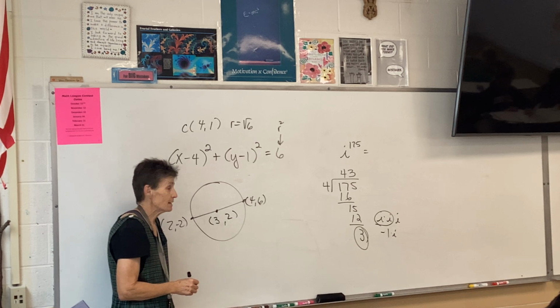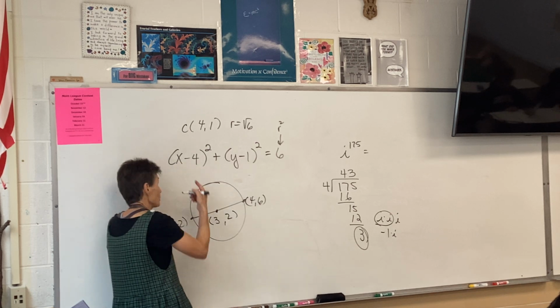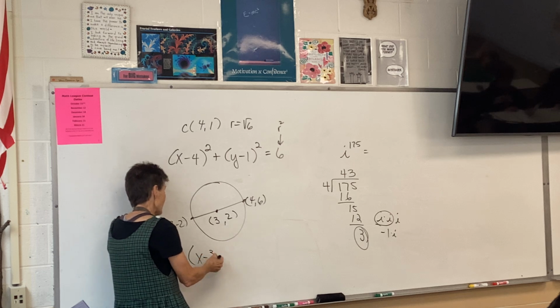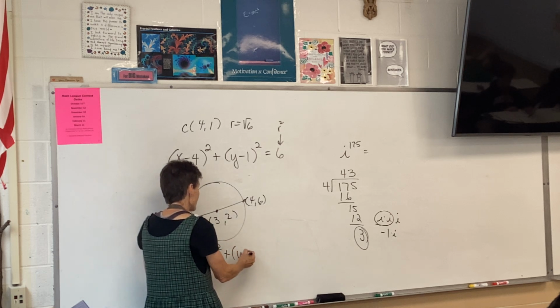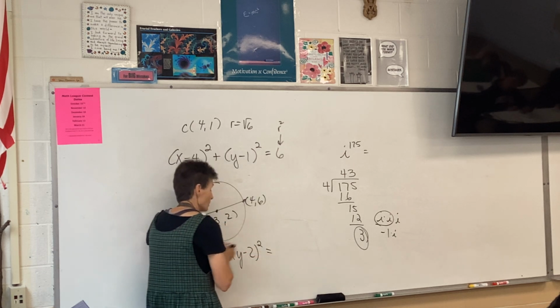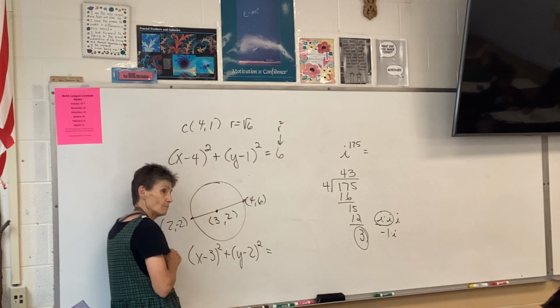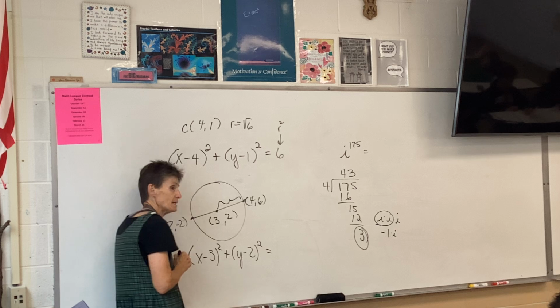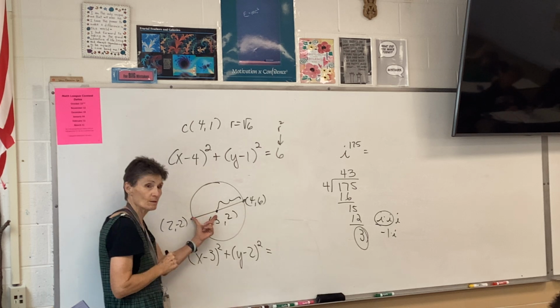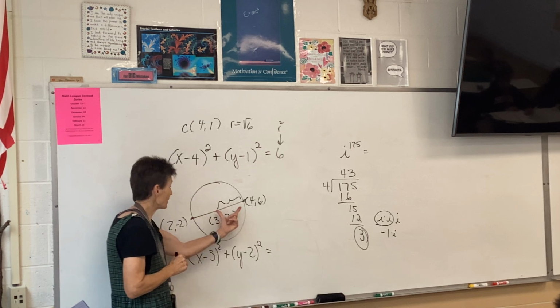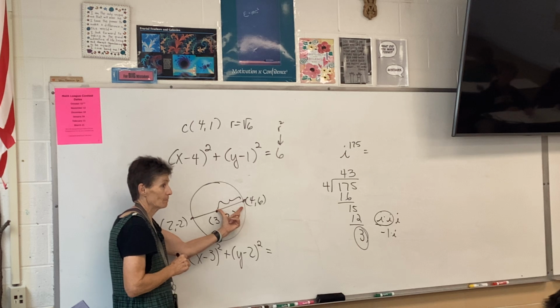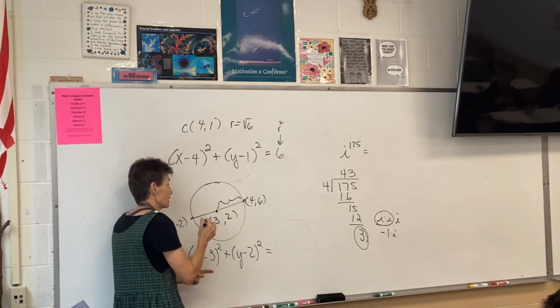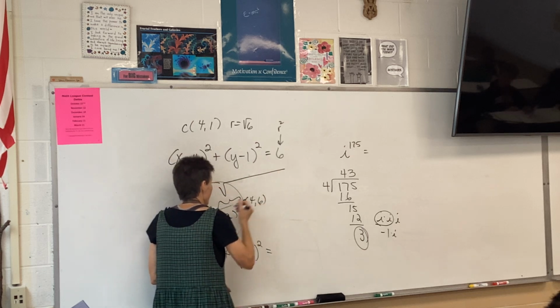Now I've got my center, so in terms of my equation, (x minus 3) squared plus (y minus 2) squared equals, now what do I need to know? The radius. Or this, either one. So how am I going to find that? The distance formula.